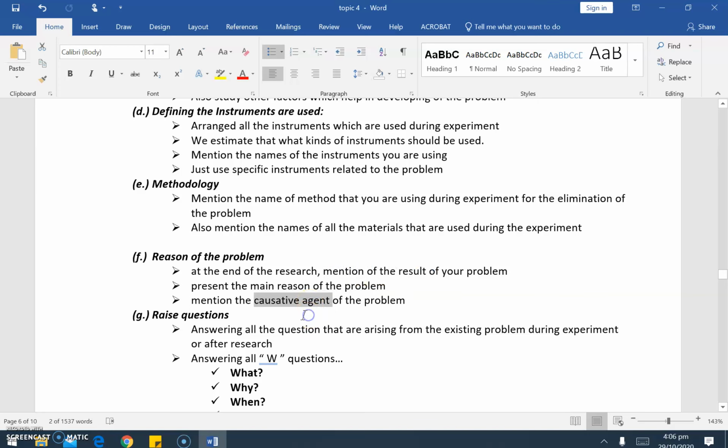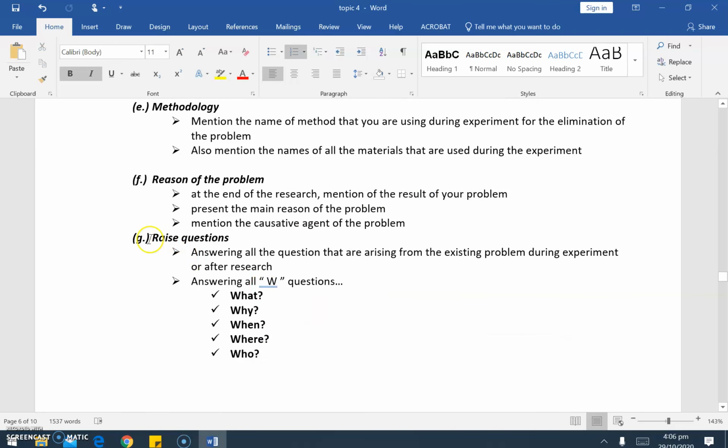Then in your statement of the problem, you should answer all the questions that are arising from the existing problem during the experiment or after the research.